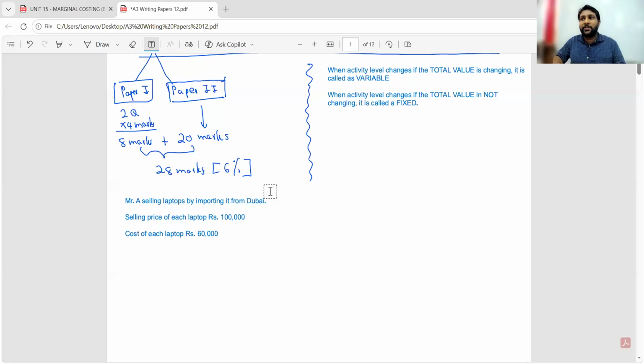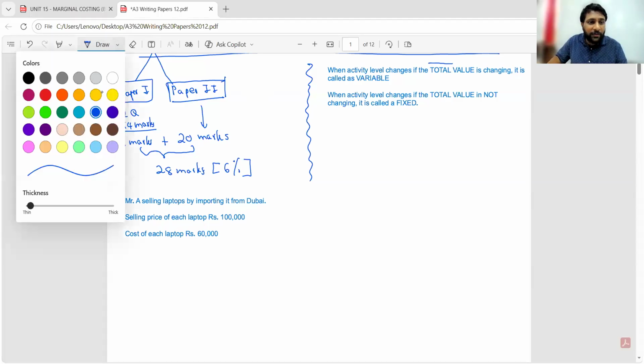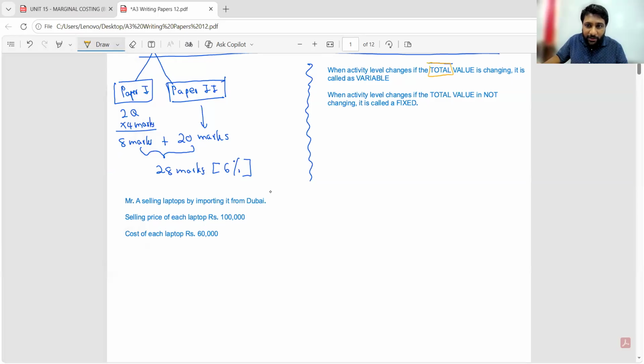That's why I highlighted this. If the total value is changing, it is called what? Variable. This is something that we studied in unit number 14. So when you buy 5 laptops, your cost is 300,000.